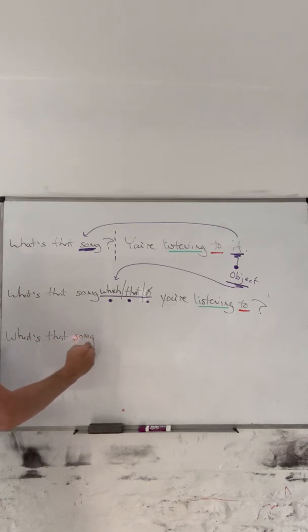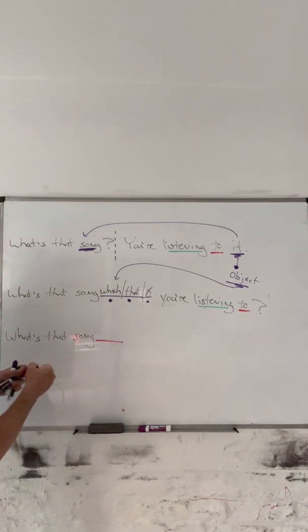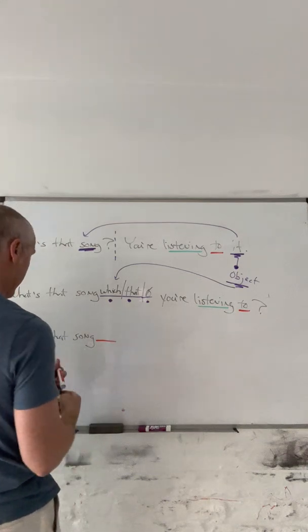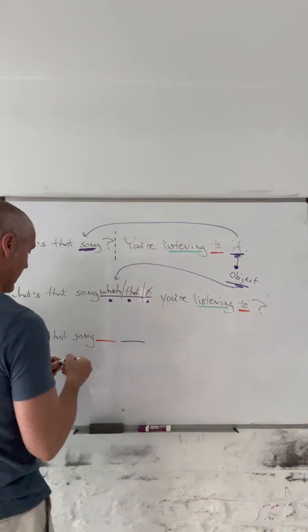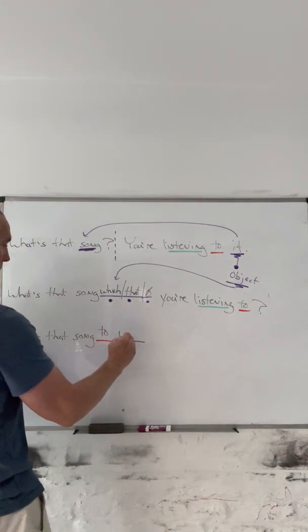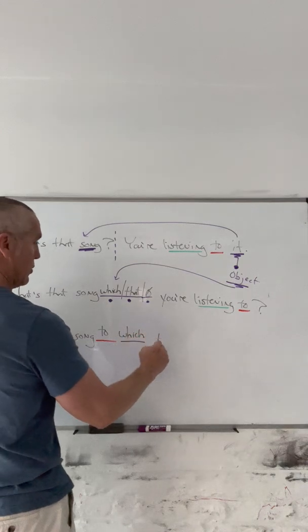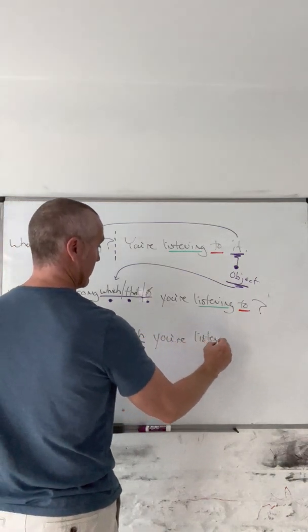What's that song? So now what would happen is we're going to use right there the preposition, and then right here the pronoun. What's that song to which you're listening?